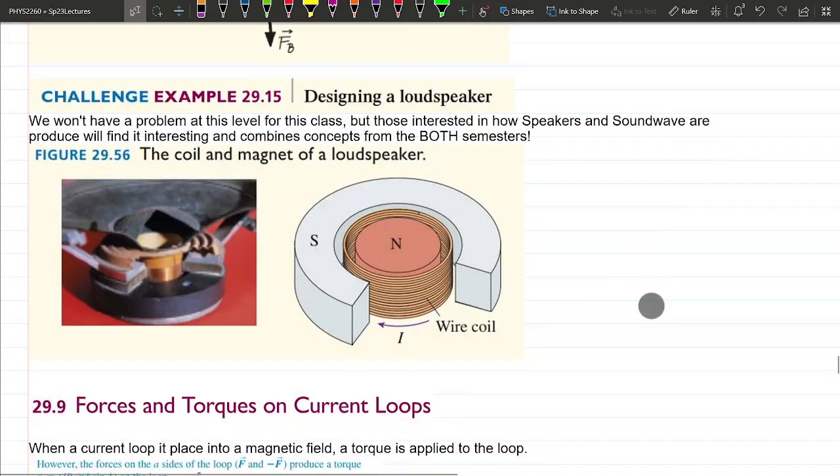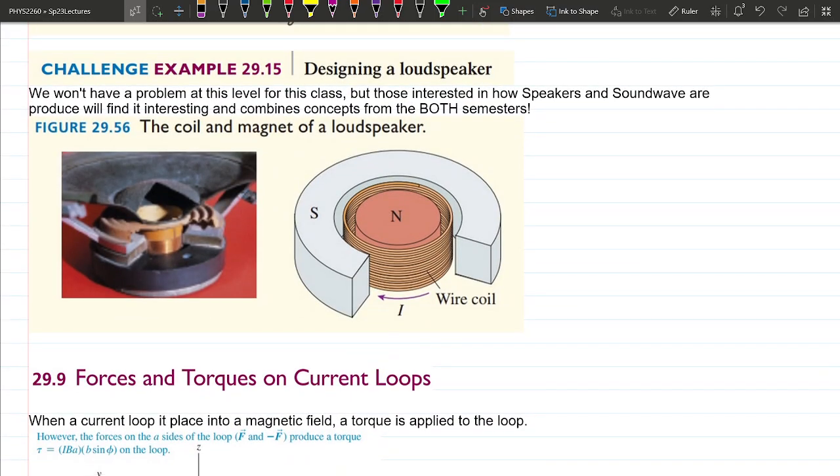Another one, but this is a more challenging example, so I'm not going to try to go through this because it'll take me a whole lecture, is if you have a speaker on your phone or your computer or your home entertainment system, any speaker runs on magnetic forces. The way that a speaker works, there's a little blurry picture here, is that you place a coil of wire.